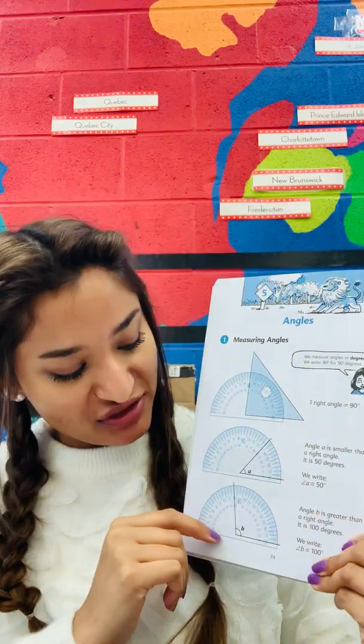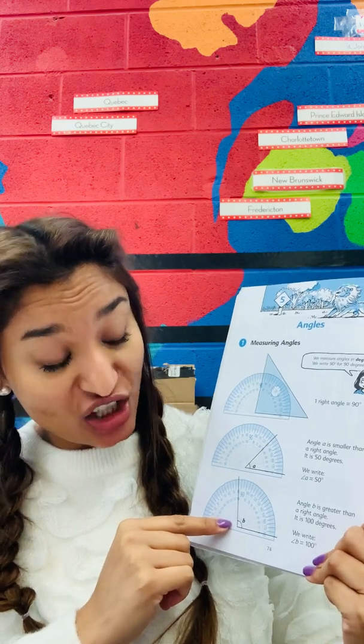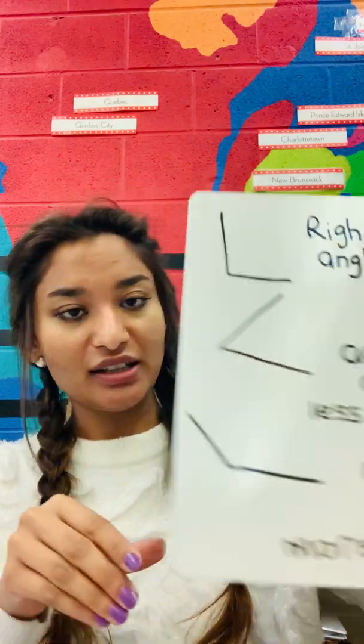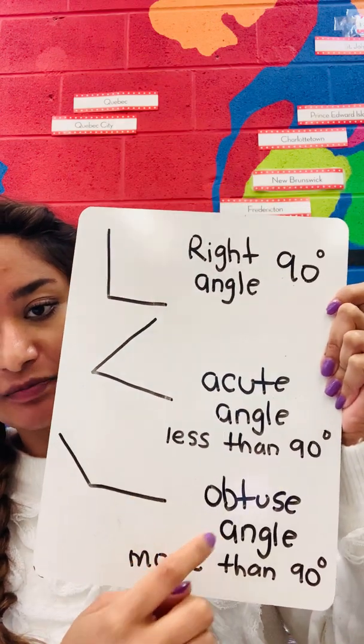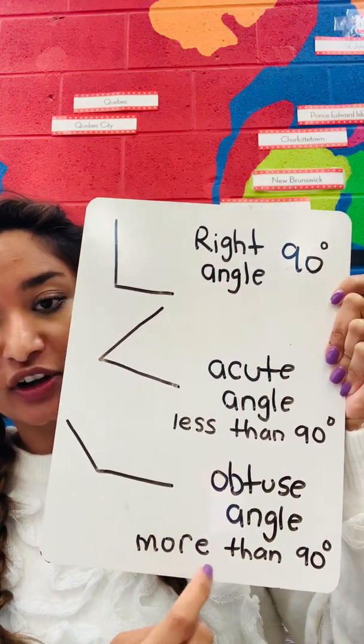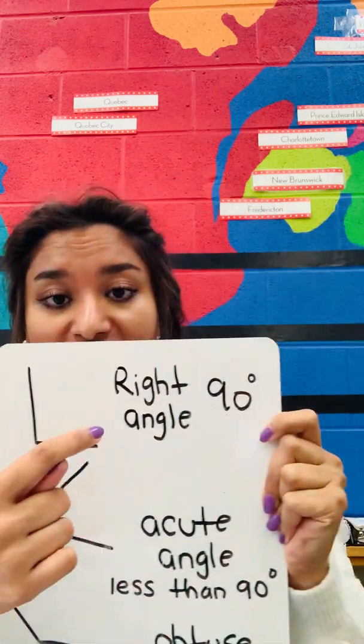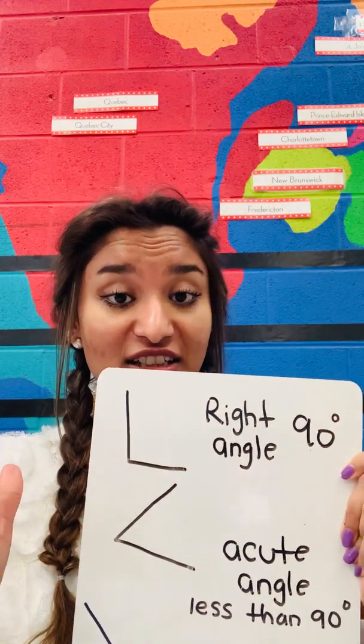Then we have something which is greater than 90. Any angle that is greater than 90 is called an obtuse angle. Okay, it's called an obtuse angle. It is more than 90 degrees. That's what you need to remember. So a right angle is 90 degrees.